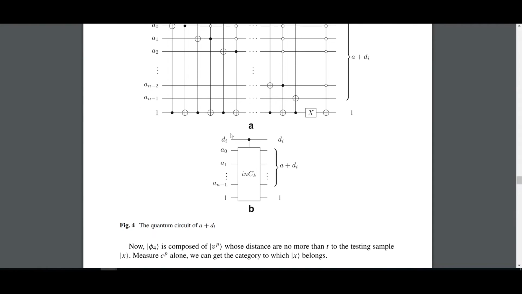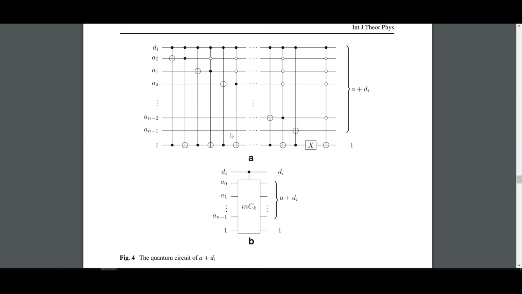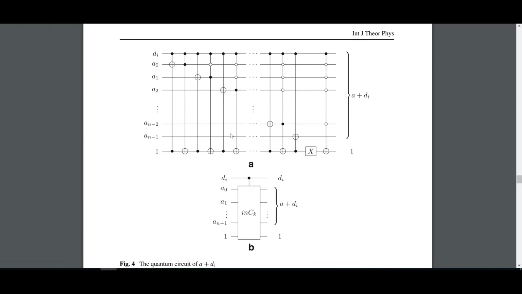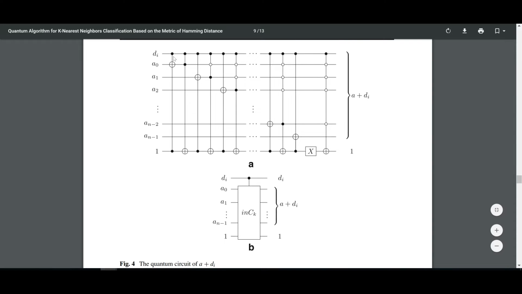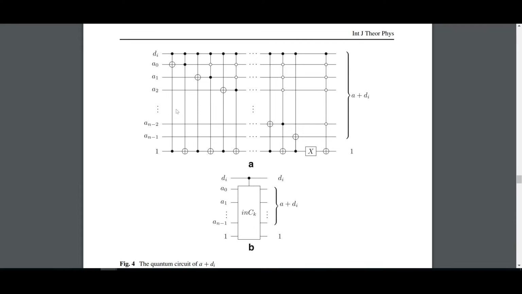How does the adding look like? I don't know if I can do that easily. It's a double control knot. It's a double control knot.